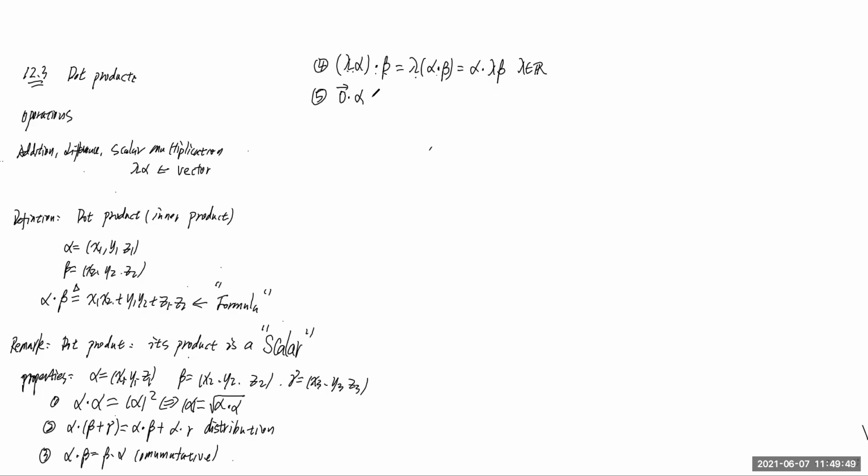Okay, I will explain why. This is 0, a number. This is a scalar, this is a vector. Compared to this, 0 is a number. A scalar multiplied by a vector, we get a 0 vector. Is it clear?